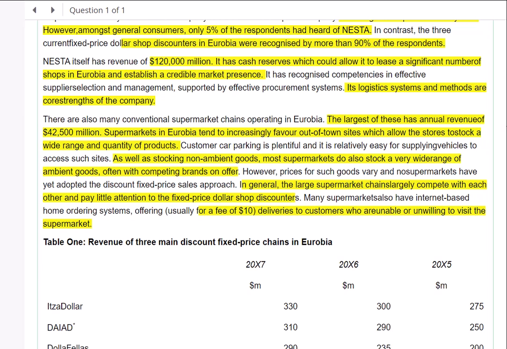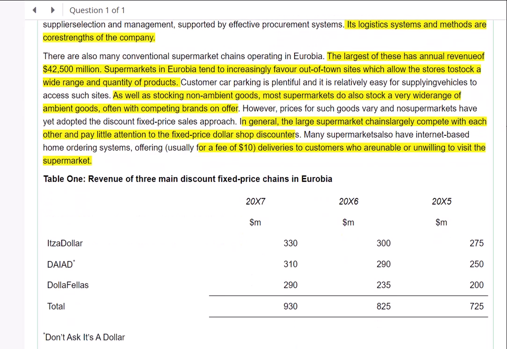But again, we have the revenue figures, which give me the idea that the market is currently growing. Like in 2015, it was 275, and then 300, and then 330. You can directly use these figures, but my opinion would be that you can write it on a year-on-year growth basis.